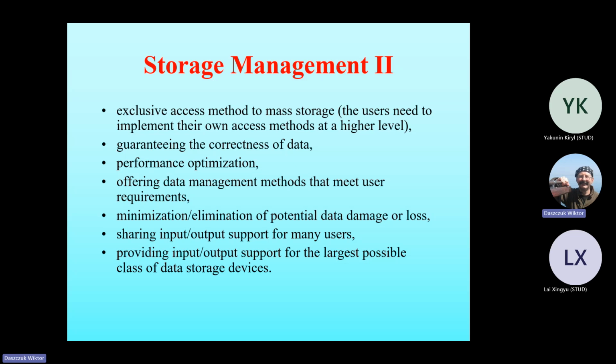The access methods meet user requirements. Nowadays, when we have independent software producers, we choose the best operating system for us. But formerly, the operating system was delivered together with the computer.